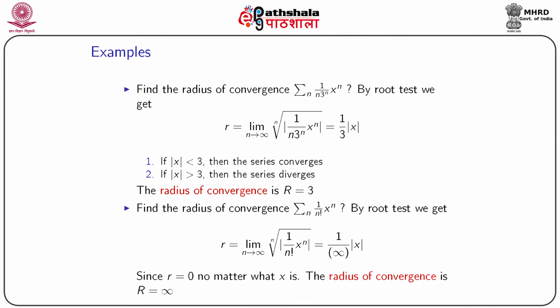Now if you consider the series 1 over n factorial times x^n, sum over n from 1 to infinity, by the root test we get r as 1 over infinity times mod x, and that equals 0. So whatever the value of x, r is equal to 0. So the radius of convergence is infinity. By the root test we can find the radius of convergence in this way.